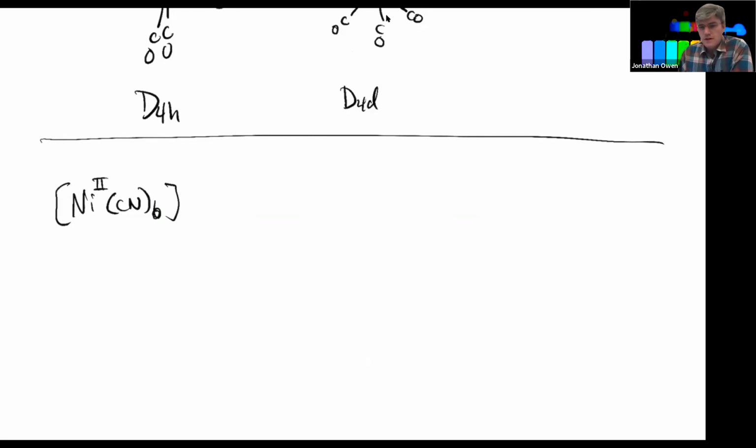What's the charge on this compound? 4 minus, because each cyanide is a -1 and the nickel 2 is a +2. So that's 4 minus. This is hypothetical. Okay. What's its splitting diagram look like?